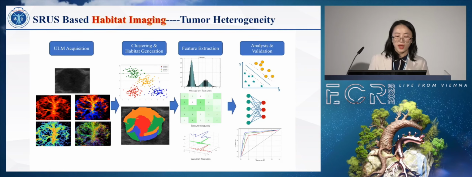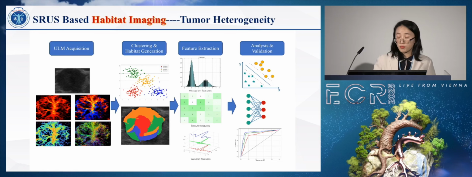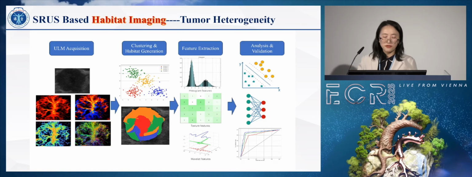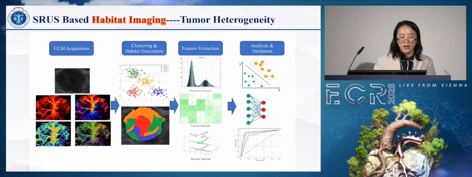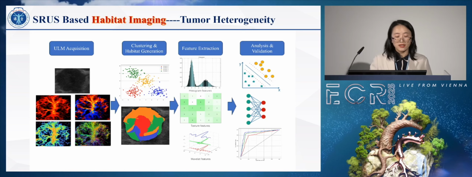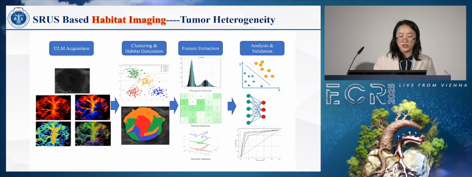And then in our team, we would like to take another concept, which is called SRUS-based habitat imaging. And this is the process of habitat imaging, and there's a little bit of difference in SRUS-based habitat imaging, which is that we take SRUS images for analysis, and there's a different step called clustering and habitat generation before feature extraction.